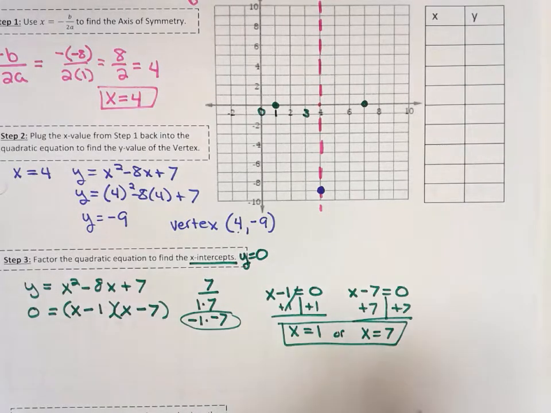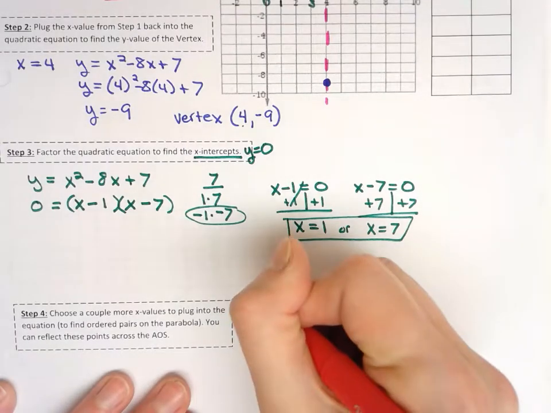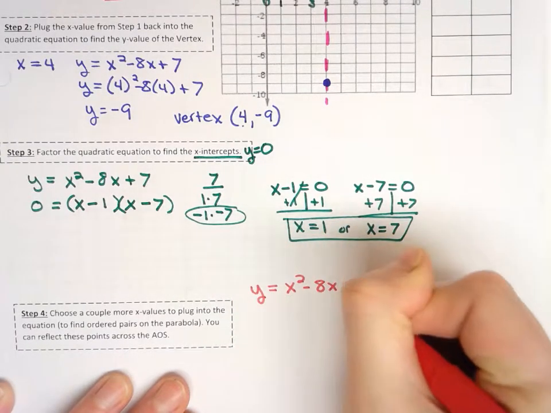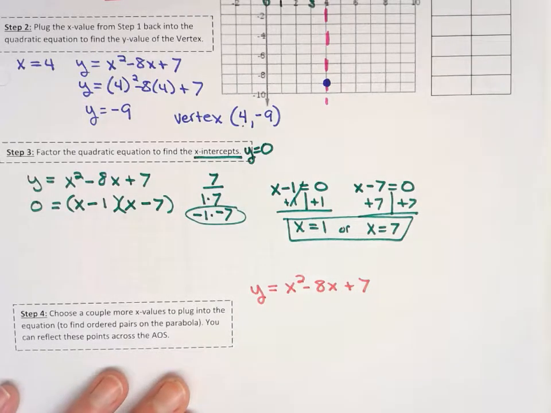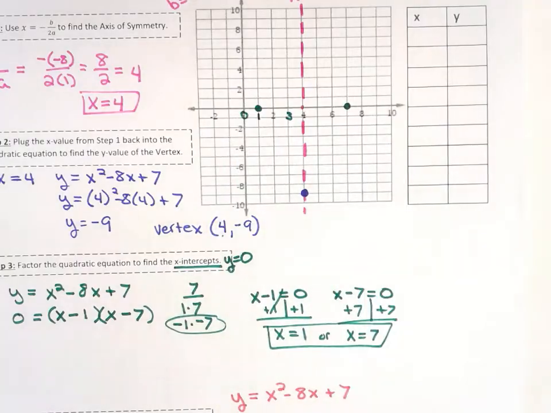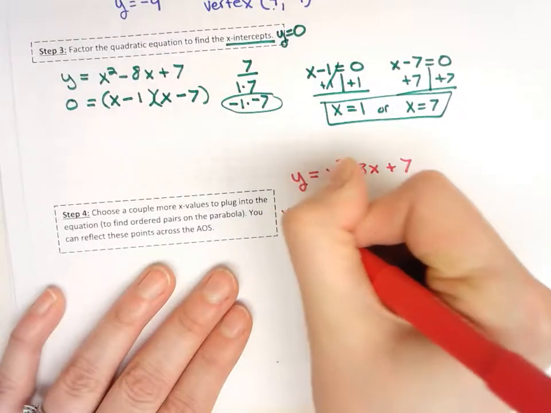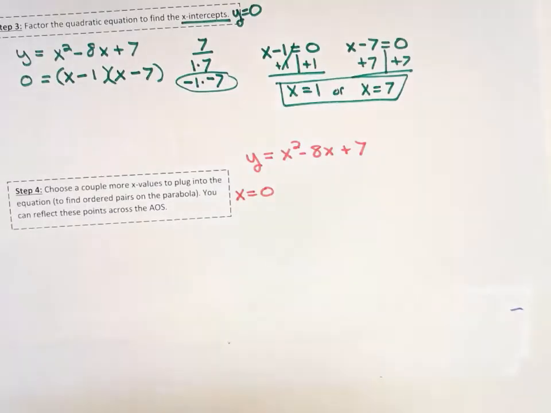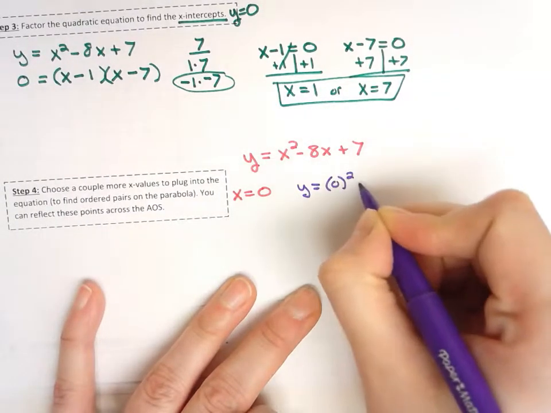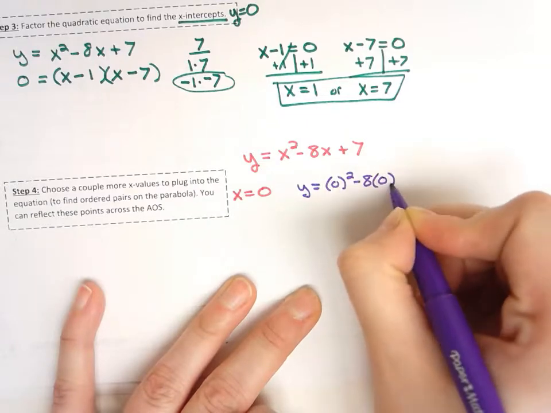So I'm going to take the original problem, which was y is equal to x squared minus 8x plus 7, and in the first one, I'm going to plug in x equals 0. Okay, so let's plug in x equals 0. That would give me the equation y is equal to 0 squared minus 8 times 0 plus 7.